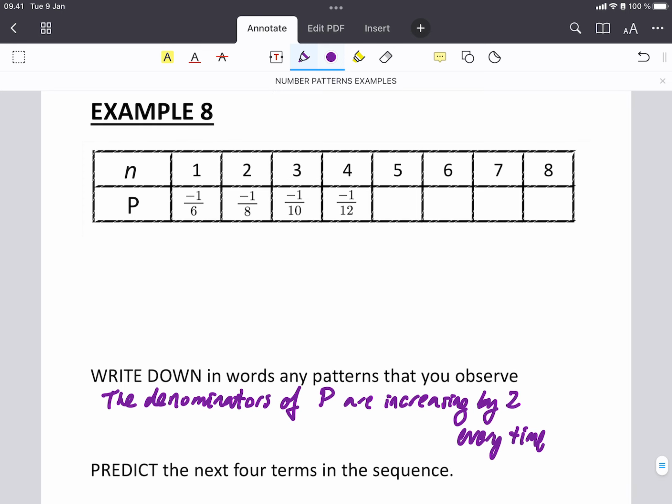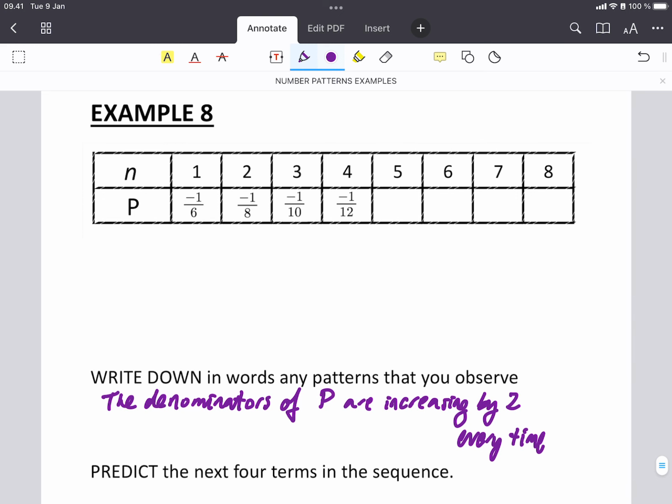Predict the next 4 terms in the sequence. So you can easily see how that's going, that the denominators are going 6, 8, 10, 12. So it's going to go minus a 14th, minus a 16th, minus an 18th, minus a 20th.